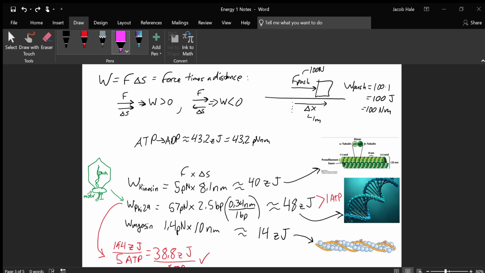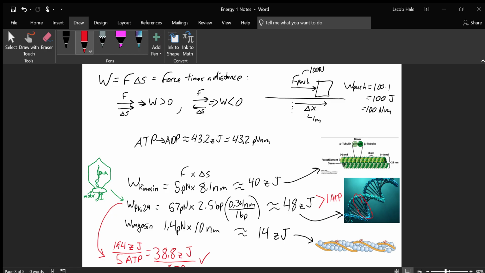Each one of these lines in that DNA molecule is a base pair, the two sides of the double helix. And so when you're dealing with DNA translocation, or moving DNA, it's more efficient to think about how many base pairs you can move. So each one of the arms of this Phi29 motor can move 2.5 base pairs in one stroke.